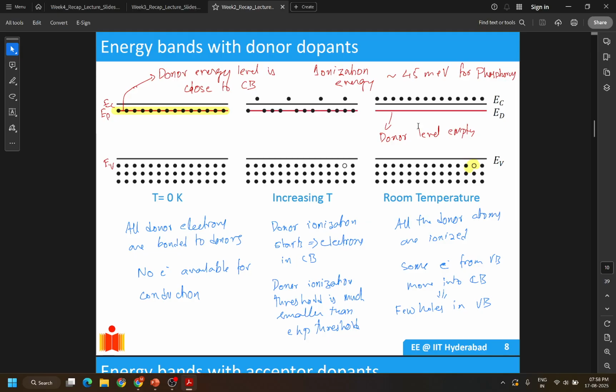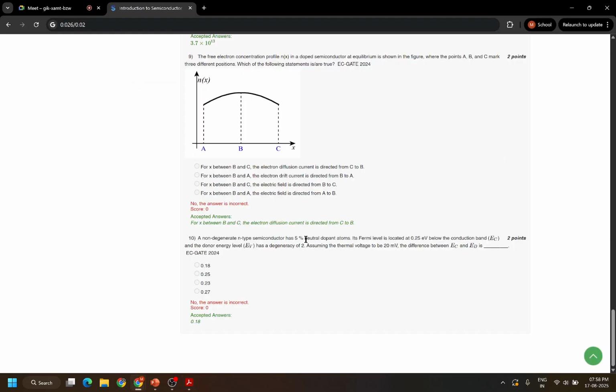And at a certain temperature, all of the donors become ionized and provide all of their excess electrons to the conduction band. So what this question basically says here is that only 95% ionization has happened. 5% dopant atoms are still neutrally charged. So only 95% ionization has happened.